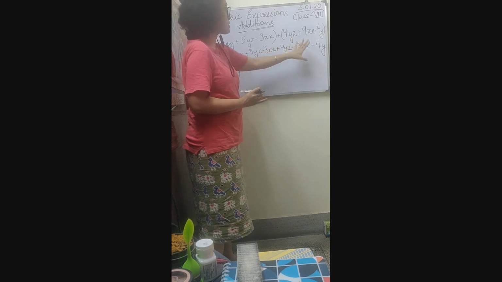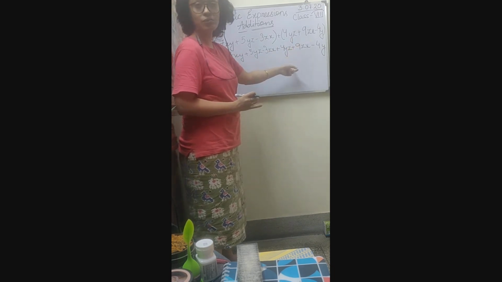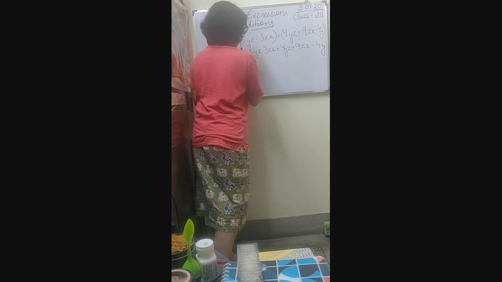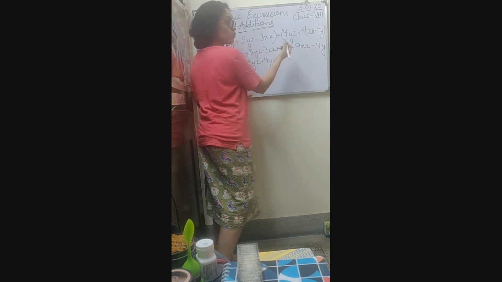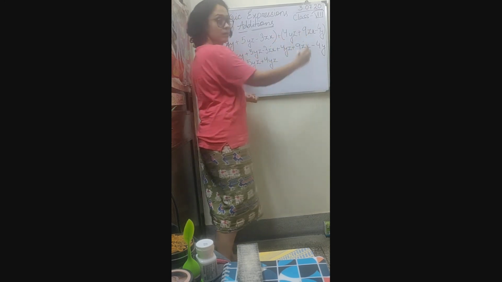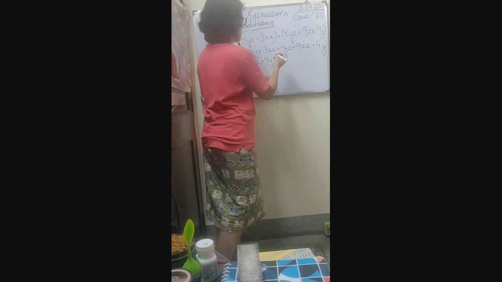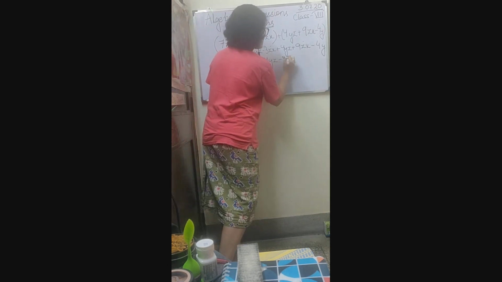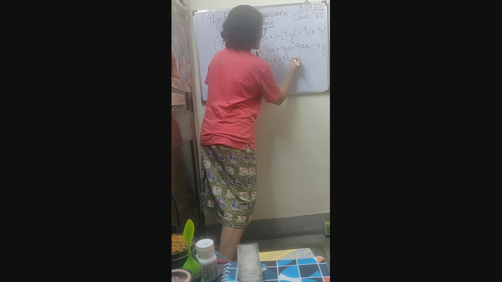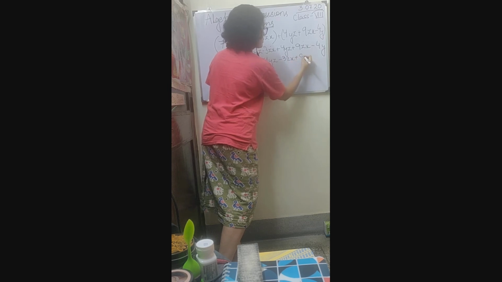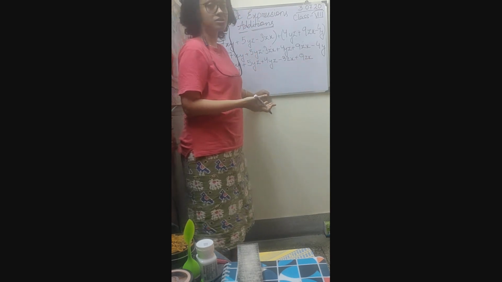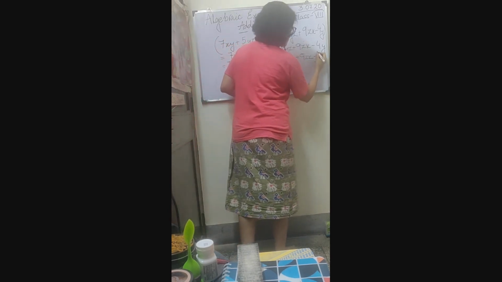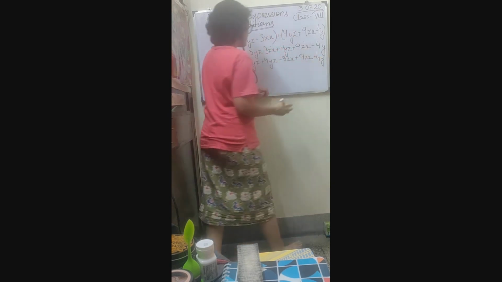Then there is 5yz. Do you see any other yz? Yes, there is this 4yz. So we write plus 5yz and then plus 4yz. We also have zx, so we write them together: minus 3zx plus 9zx. And y is the solitary one, so we write it as it is at last, minus 4y.